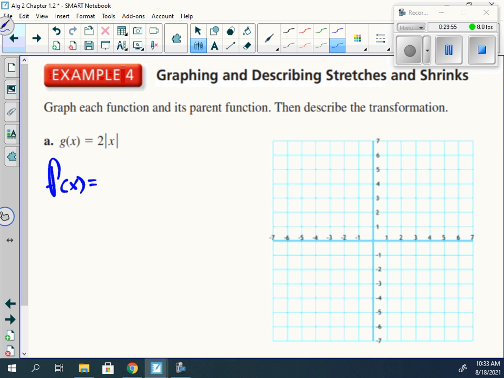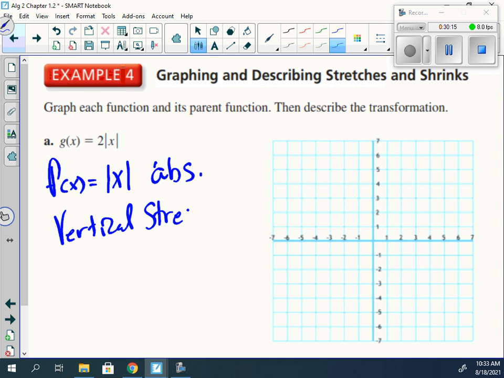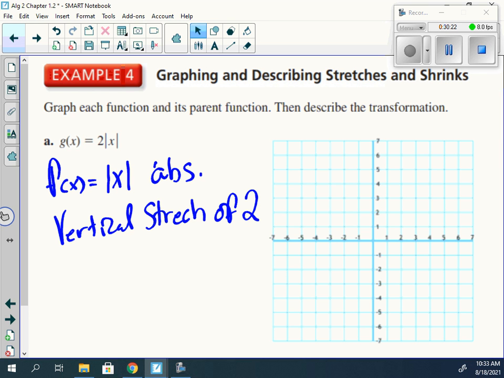So what's the parent function? Absolute value. So it's the absolute value of x. I'll say ABS, absolute value. What happened? Vertical stretch of 2. So that means that every point is going to increase by a scale of 2.